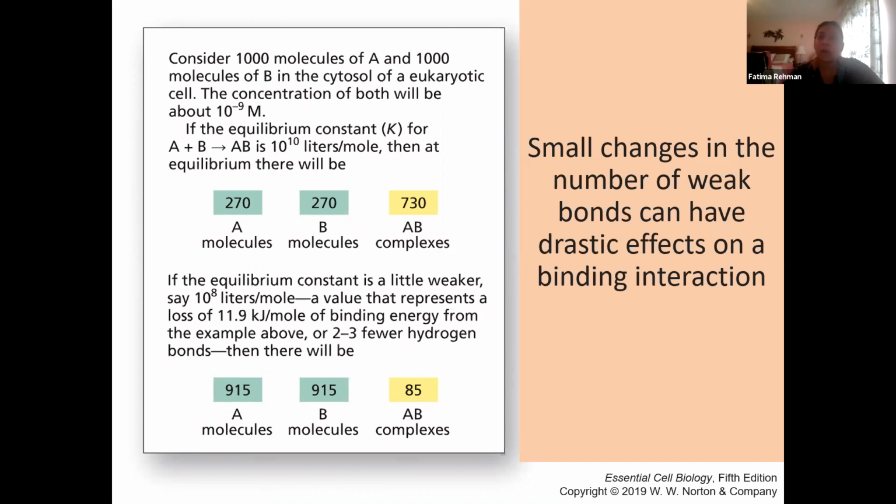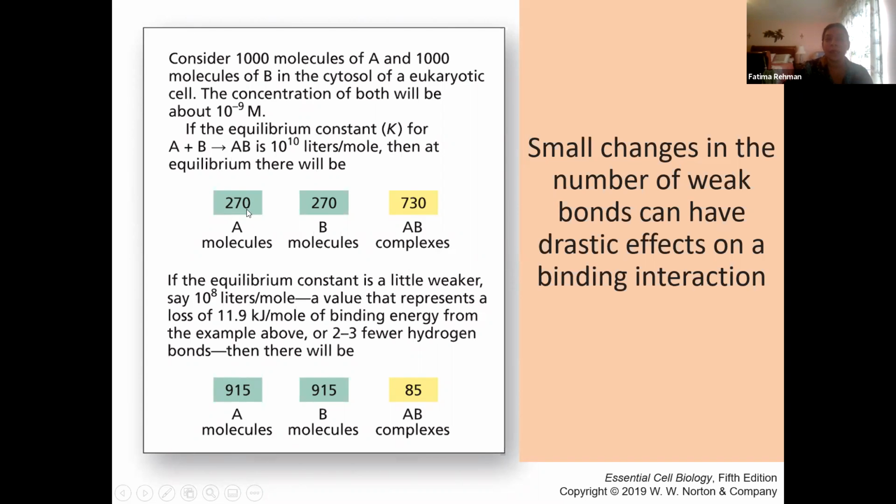Okay, so here are some examples for this. If you have 1,000 molecules of A and 1,000 molecules of B, and you're provided with the constant, you should be able to calculate the overall dissociation rate or the association rate, right?